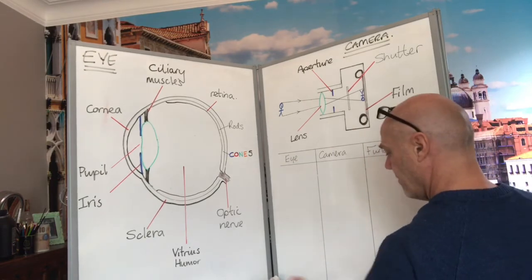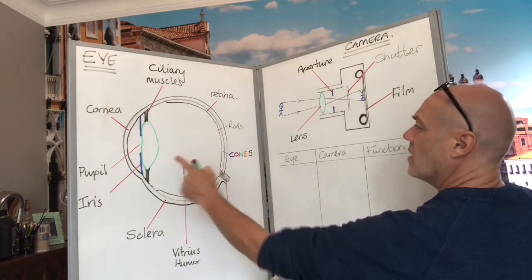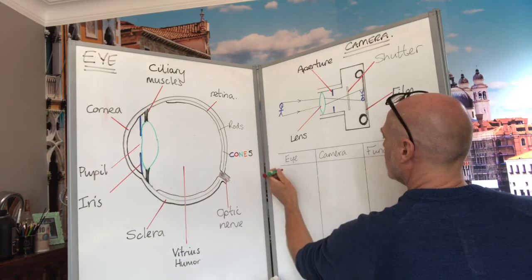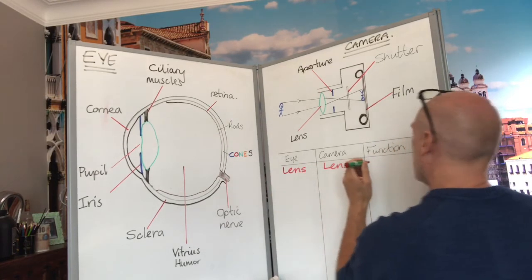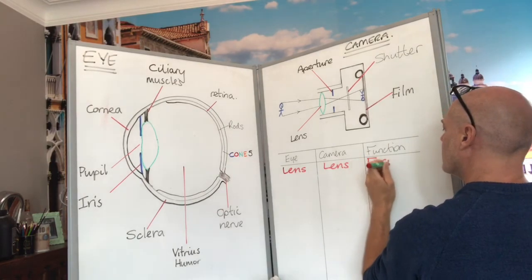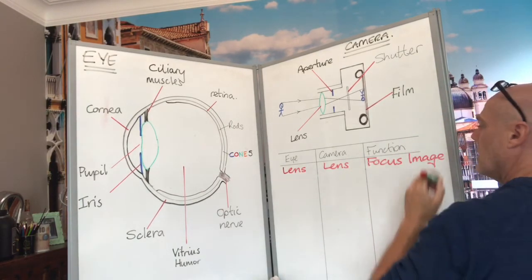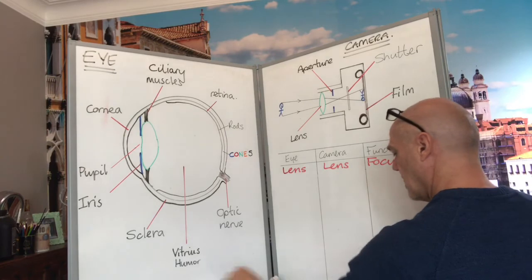We have, in the eye, we have the lens, and we have a lens in the camera, and that focuses the image. So both the camera and the eye have the same there.